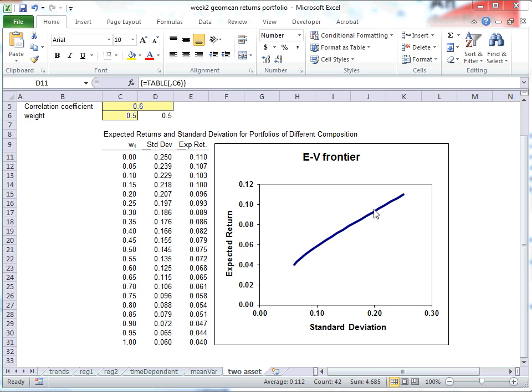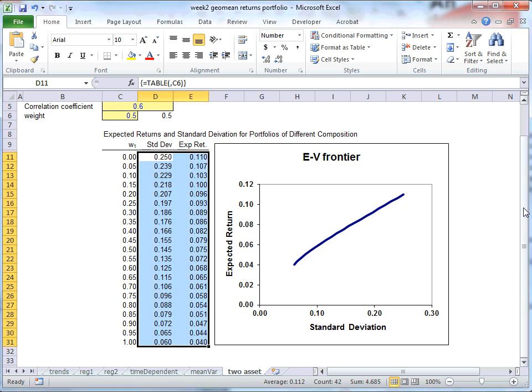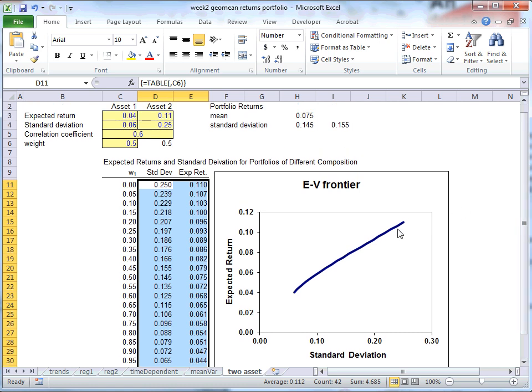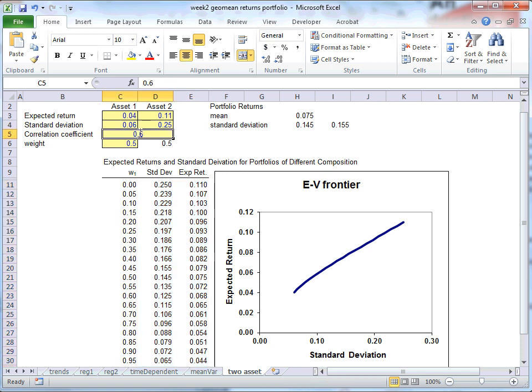So we've graphed this frontier. Now what I want to do is look at how that frontier changes as we change the correlation coefficient. Let's start with 1. Now note, 1 is just a straight line. If we have a correlation coefficient of 1, we gain no risk efficiencies.